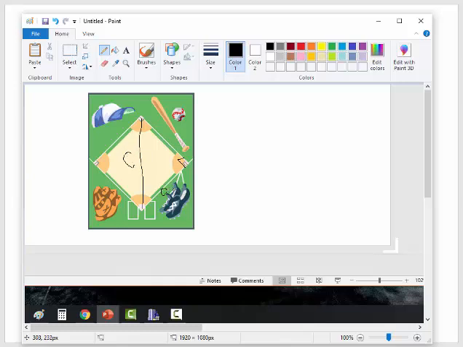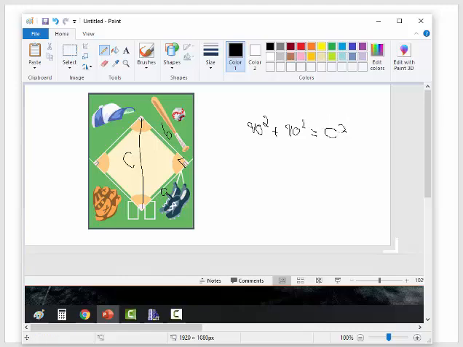This is my A, this is my B. So what we're seeing here is that 90 squared plus 90 squared is equal to C squared.